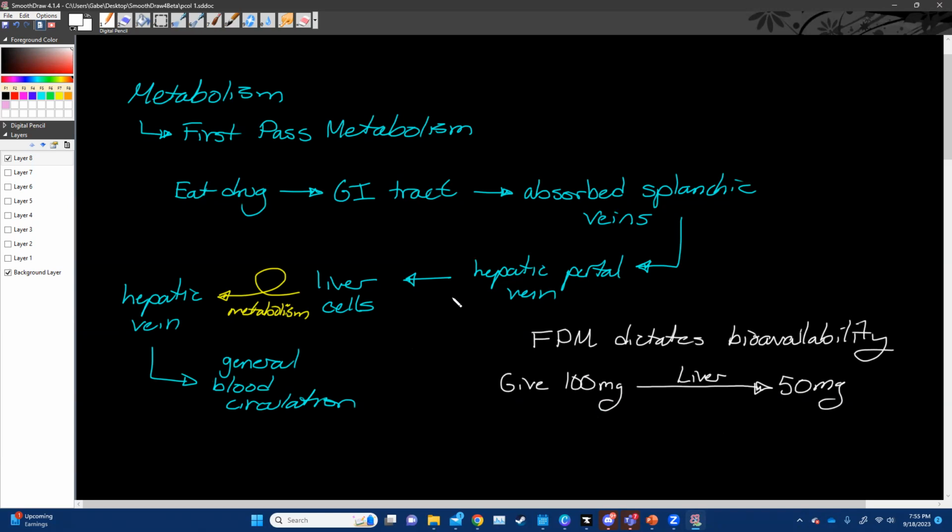So for a drug like this, I would have 50% bioavailability, which is 50 milligrams, what we got out of it, divided by 100 milligrams, what we put in. So the amount of drug in the blood over the oral dose.